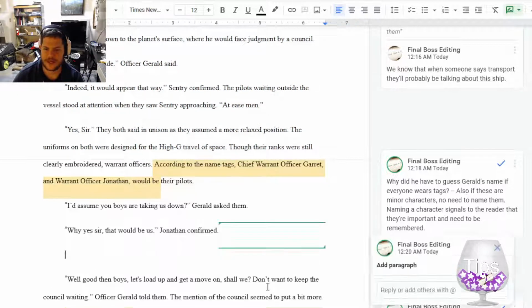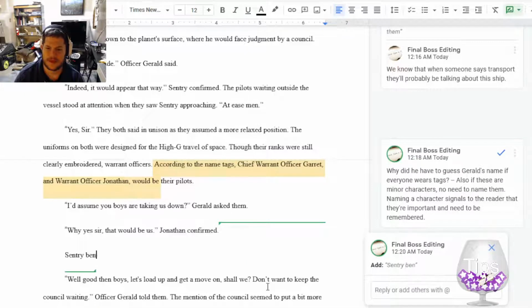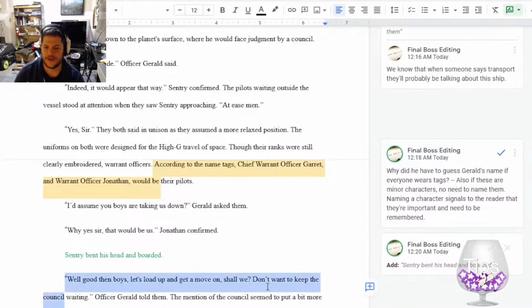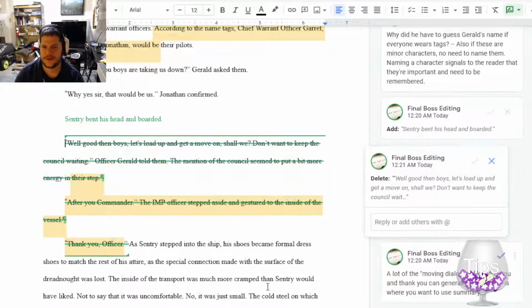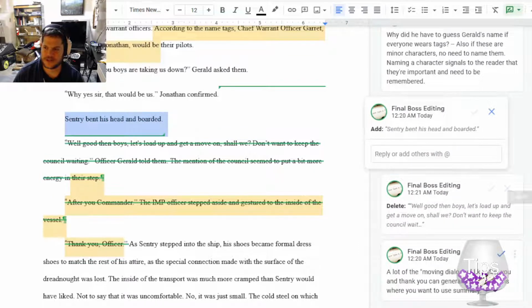You can just say he bent his head and boarded. And then you can cut. You don't even need my little addition. You can just cut this whole thing.